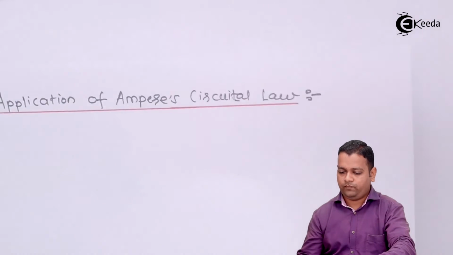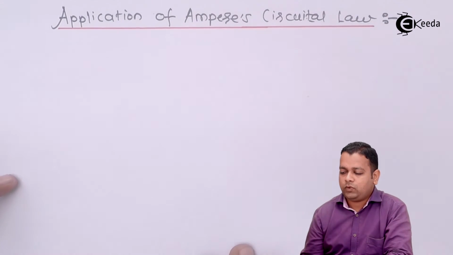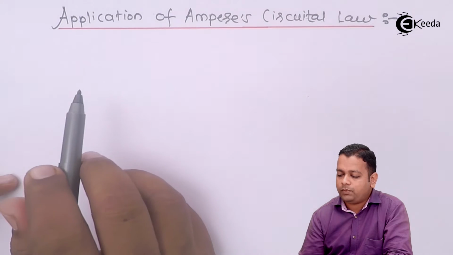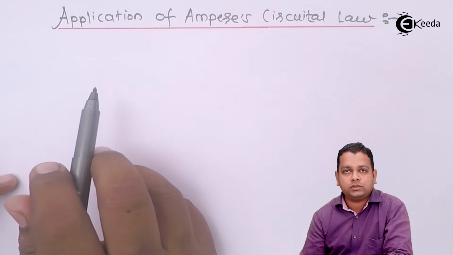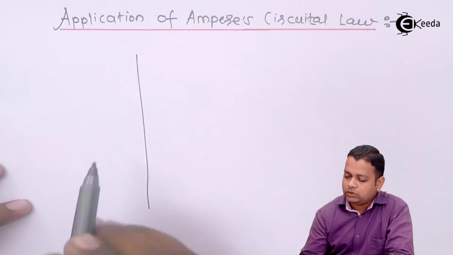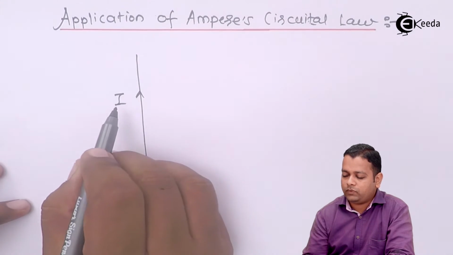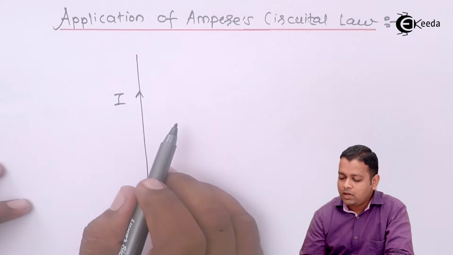Now next we talk about the applications of Ampere's circuital law. The very first configuration that we encounter for discussion of application of Ampere's law, though it is theoretical, we can talk about it, that is filamentary current. So a filament carrying current I through it.